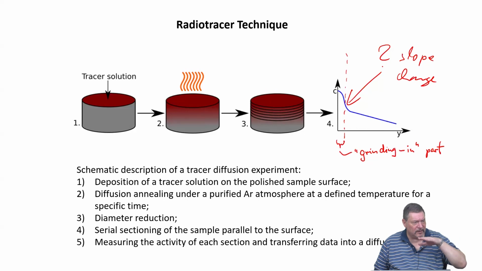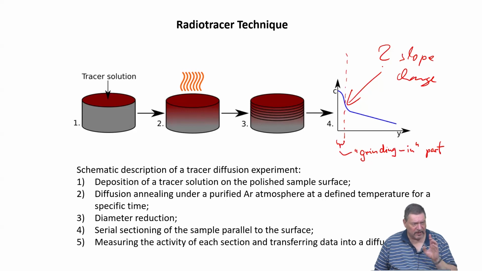So if you basically polish your material to a certain section to get the first section, this polishing has already created some stresses and moved additionally some of the tracers into the next layer, and so on and so on. So you get this grinding in. And this is not only for grinding, this would also be true for the sputtering.